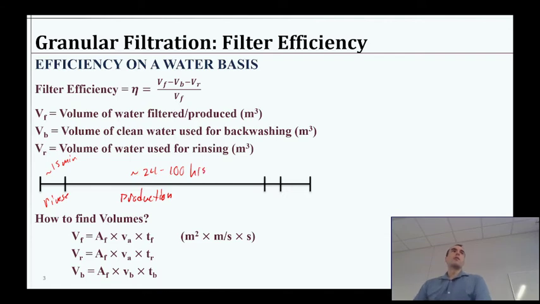Obviously we want that to be a large number compared to how much time we're spending rinsing or backwashing. It wouldn't make much sense if we had to use all the water we produced. If we could only produce for an hour, we'd use half of it for rinsing and backwashing. Then we'd have an air purge. We even saw in that video that it probably only takes about 5 minutes to push a bit of air through and then prime the pumps again and get it ready for water.